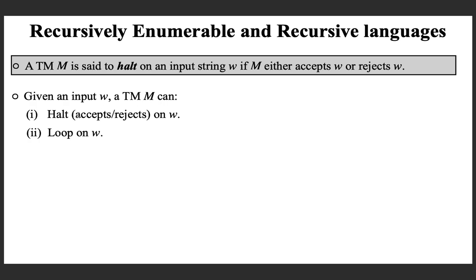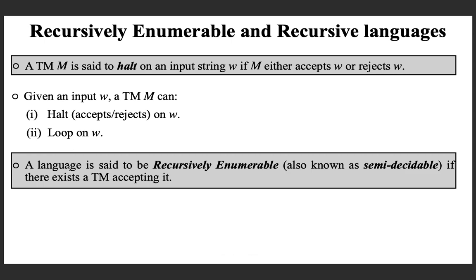Then you can say that the machine is halting, or it may loop on W. These are the two possibilities. Given an input string W to a Turing machine, the machine may halt on it or the machine may loop on it. Halting means either entering the accept state T or entering the reject state R.